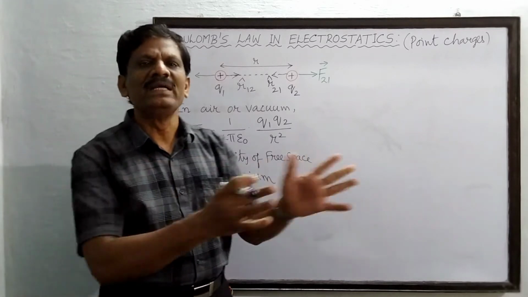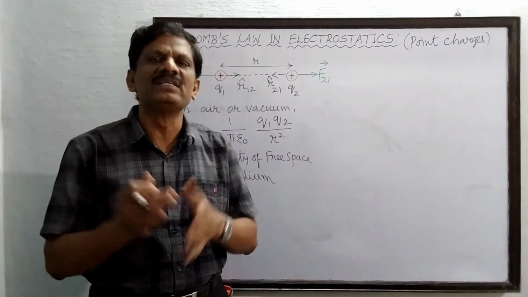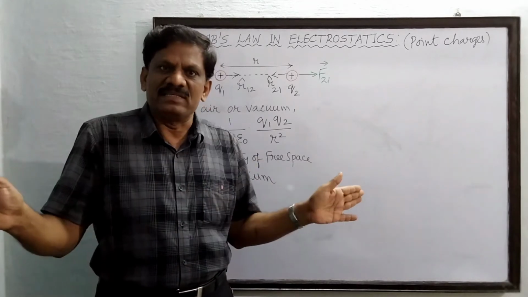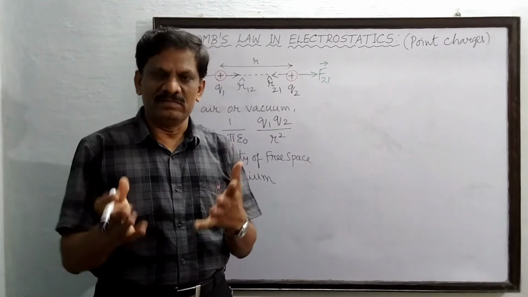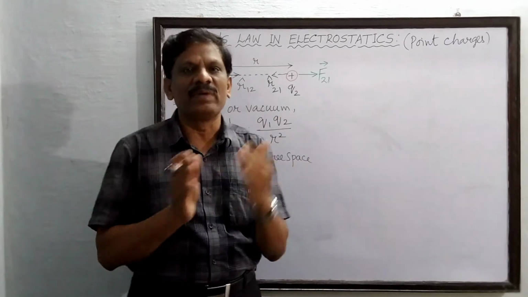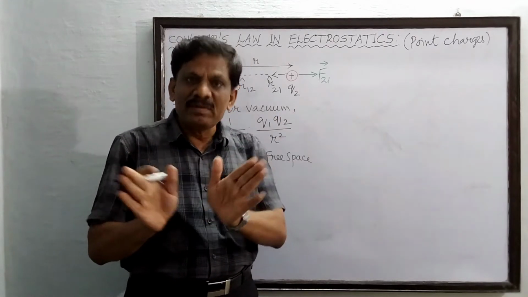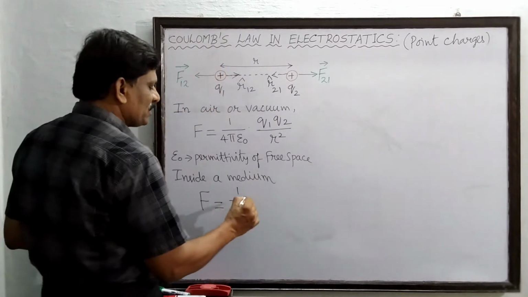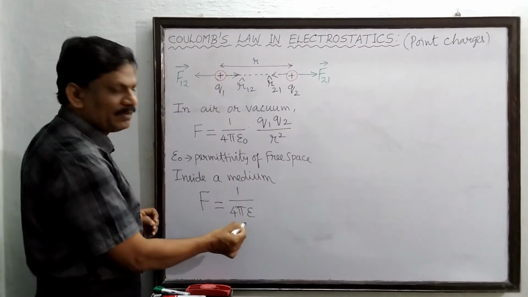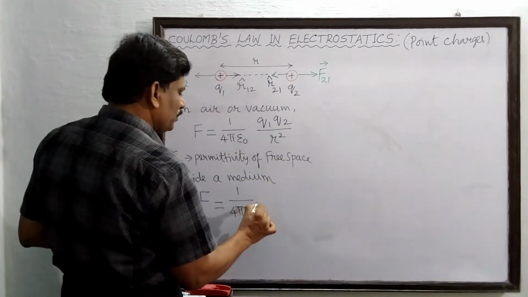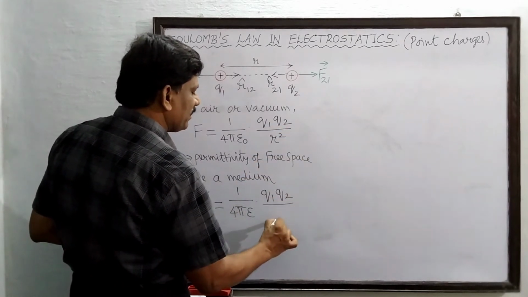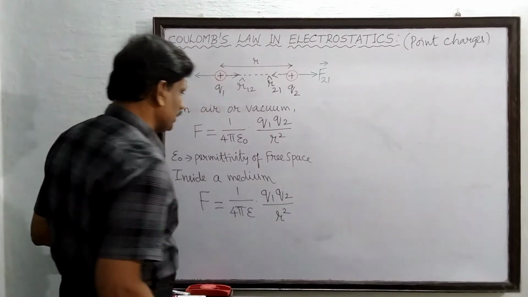What do you mean by permittivity? Permit means what? To allow. So how far there is an allowance by the medium to either attract or repel the other charge. There is some permission that is required. That is only called the permittivity. So instead of epsilon naught, I am using the symbol epsilon for the same two charges Q1 into Q2, for the same distance of separation, R square.